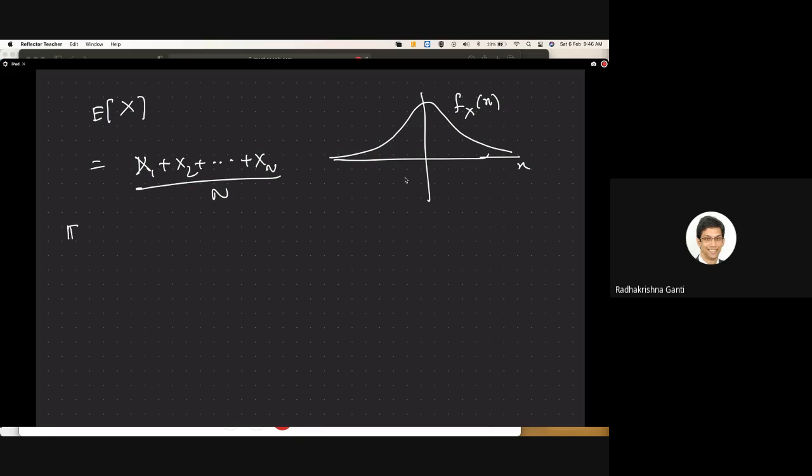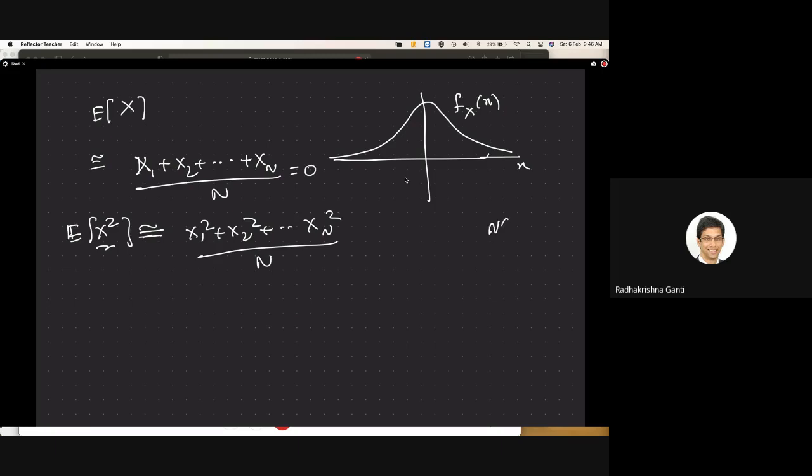So what is meant by expected value of x square? It is x1 square plus x2 square all the way up to xn square by n. As n becomes larger and larger, both of them become equal. Otherwise, a small approximation is there, but as n becomes larger, these become close to each other. This is essentially the mean of whatever is inside. So for example, for a zero mean Gaussian random variable, what is expected value of x? This will be 0.